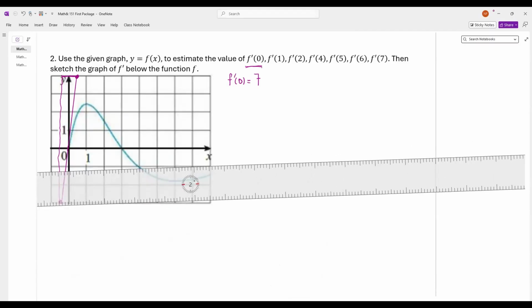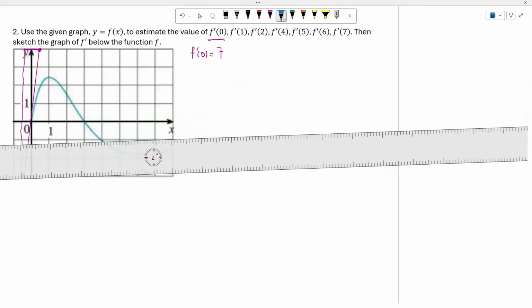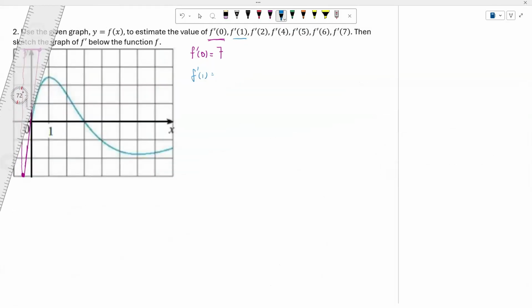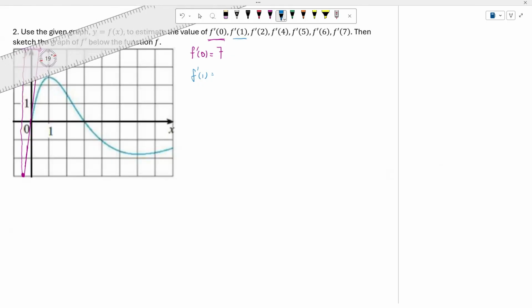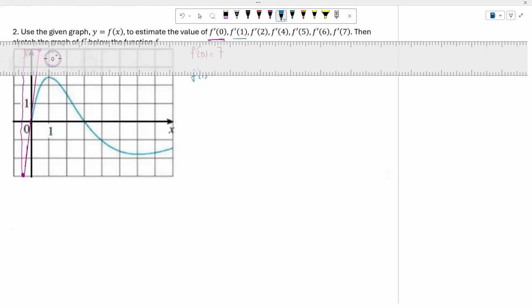And now, let's see, how about f prime of 1, okay? You will see what happened. Again, when x is getting closer and closer to 1 from the left-hand side, the slope is positive, but getting closer and closer to 0.